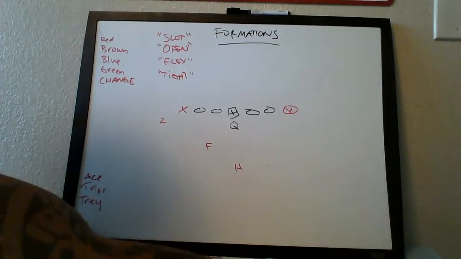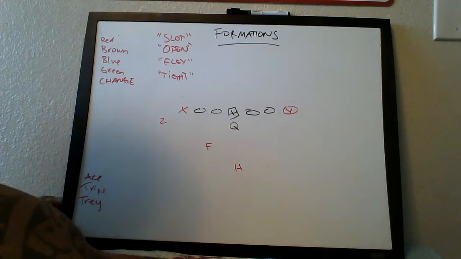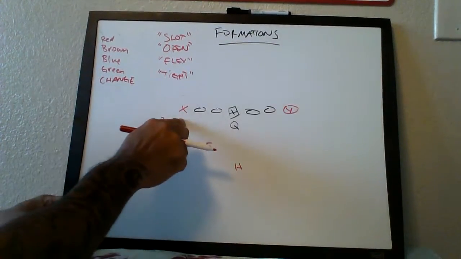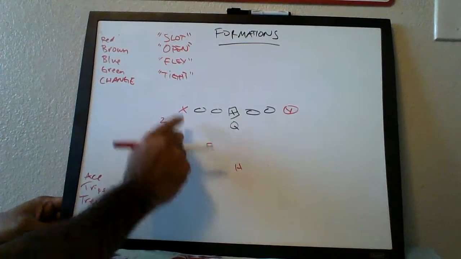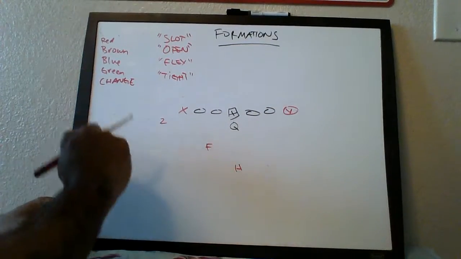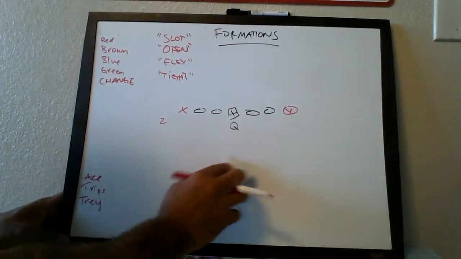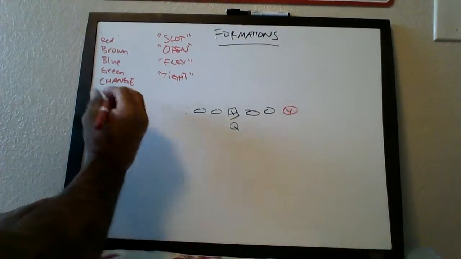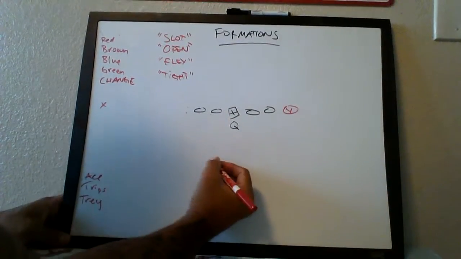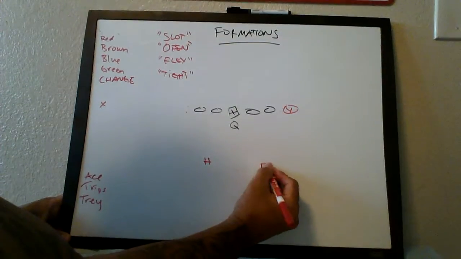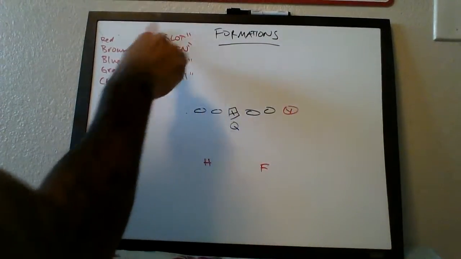See how that works? So as long as you know your particular position and know what calls pertain to you, these are pretty much all our formations. We might do some variations off of this, but not much. This is going to be our base formations with these few variations.